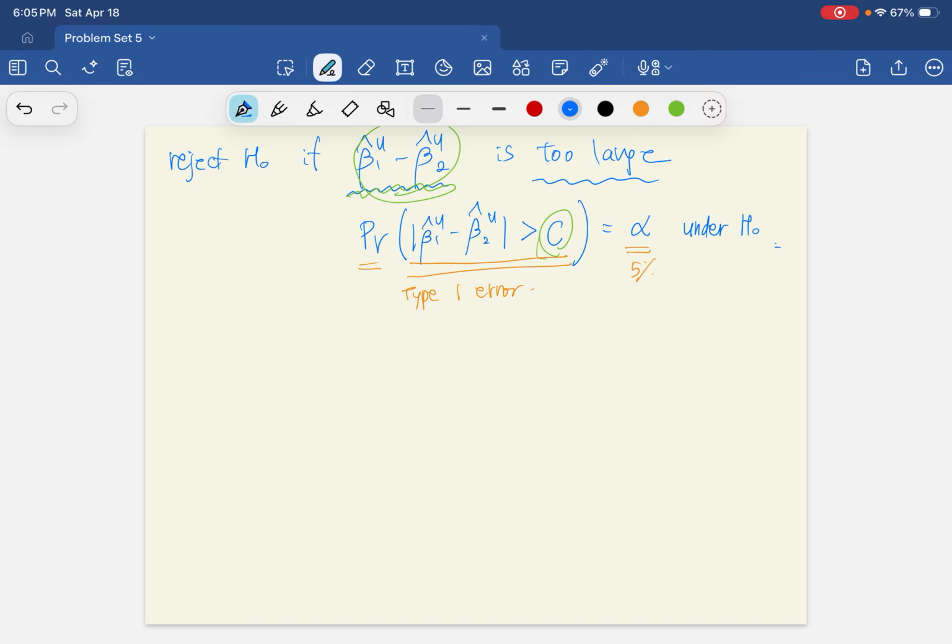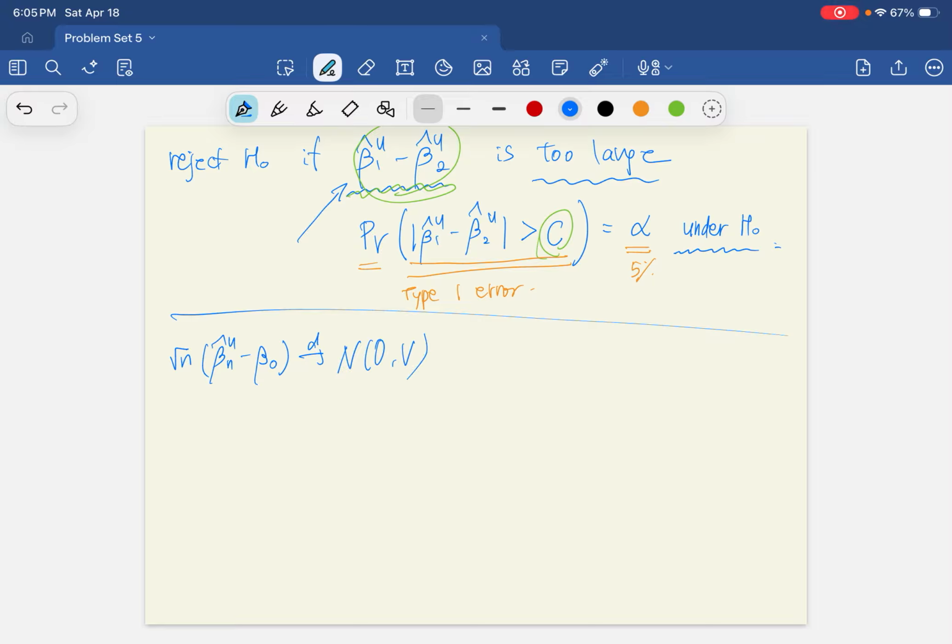So then what we need to do here is find the distribution under H0. We need the null distribution of this guy. Then everything else is just standardization. How do we do that? We know in general the unrestricted estimator is just OLS.